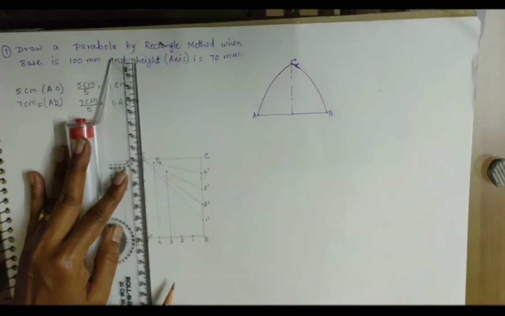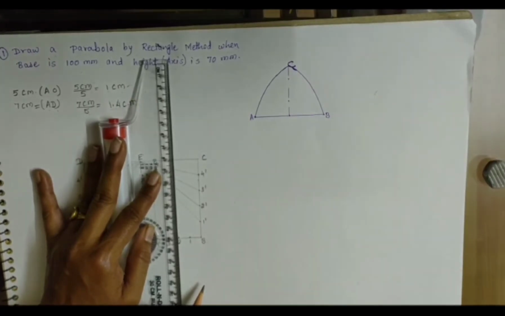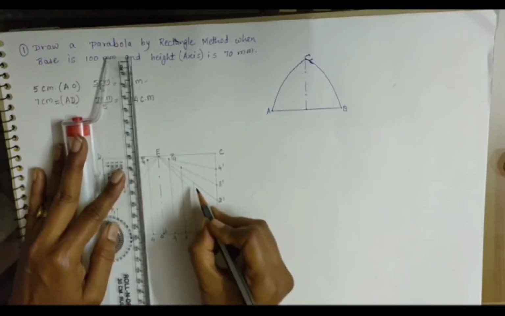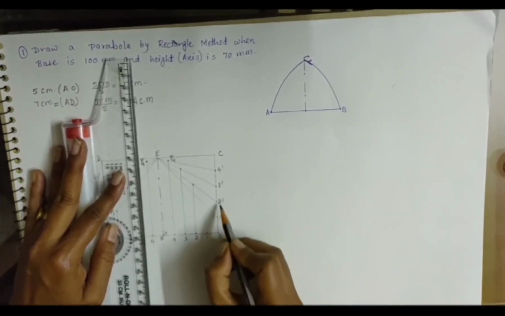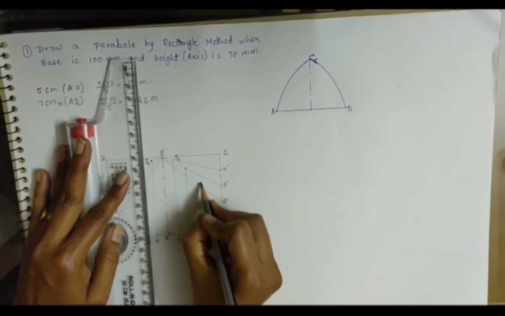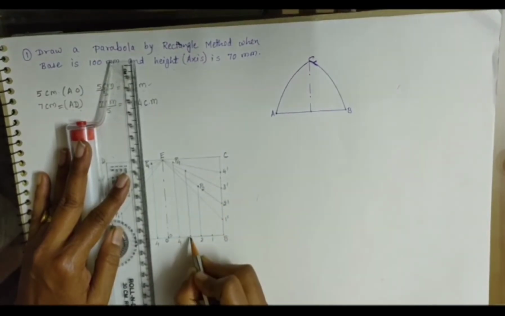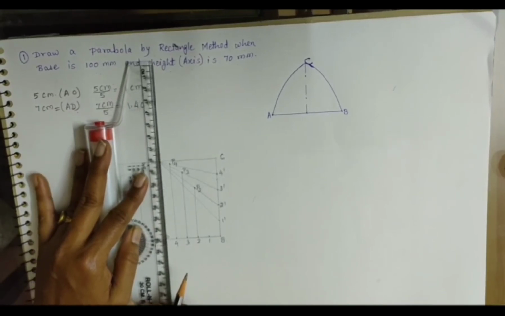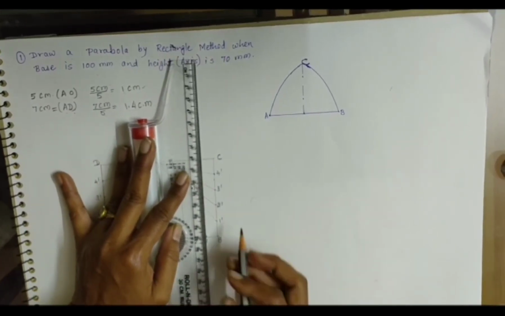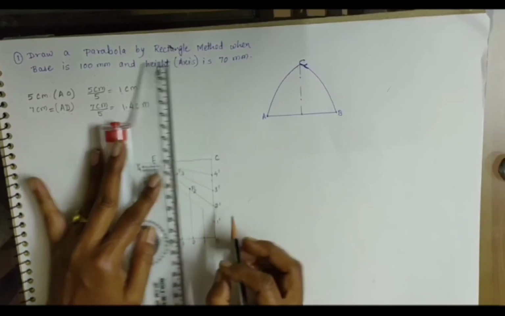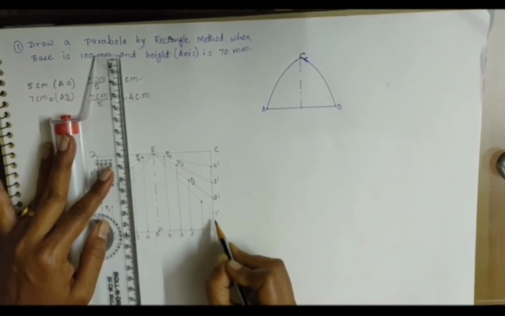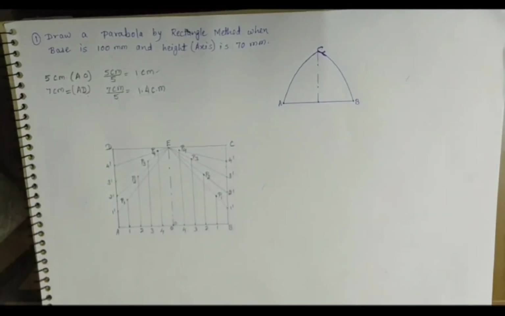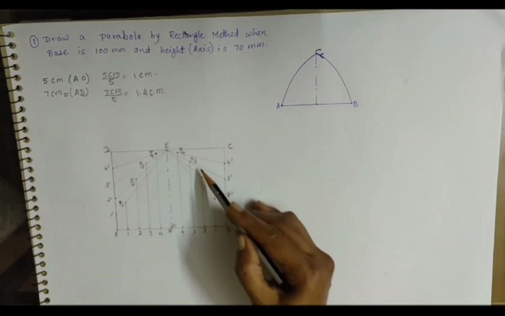Then again we will draw a perpendicular line from 2 in such a way that it will meet the 2 dash E line at P2. In the similar way, we will draw a perpendicular line from 1 and stop it to meet the 1 dash E line at P1. In this way, we have got all the points of the parabola.